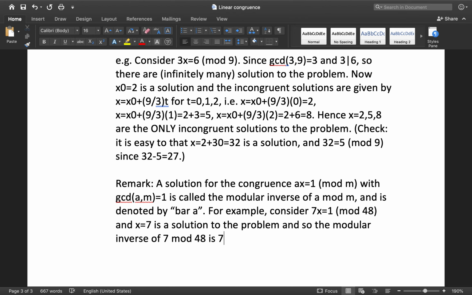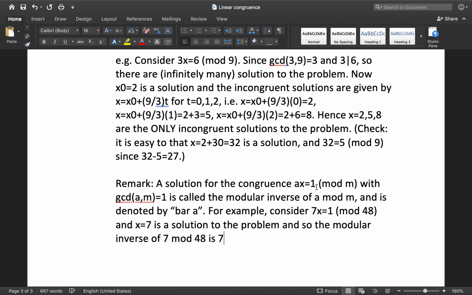Of course the inverse is not exactly what we mean for the usual division. See, ax equal to 1, in the very usual sense, you just divide a to the right, then you get x equal to 1 over a. But now you're not doing that.